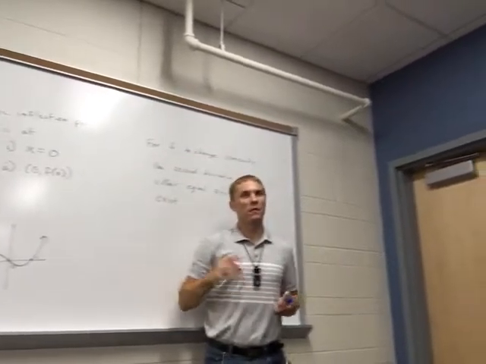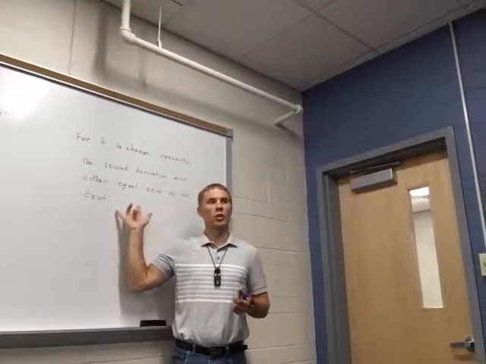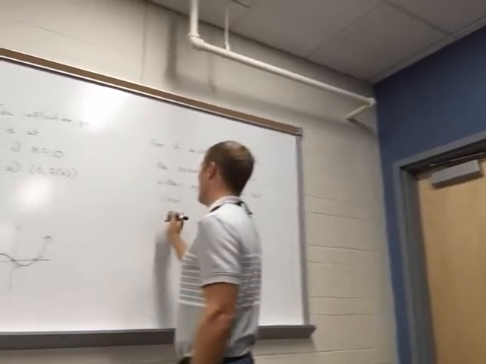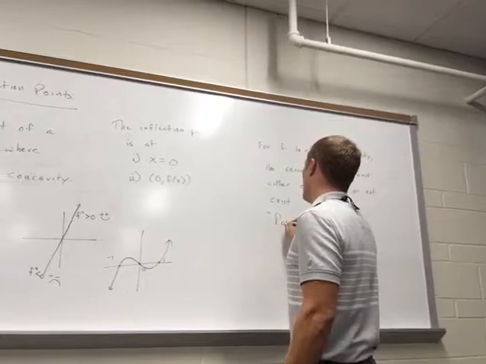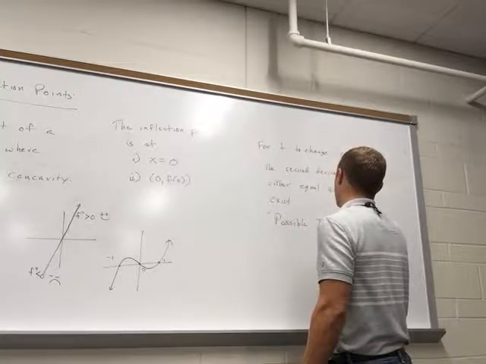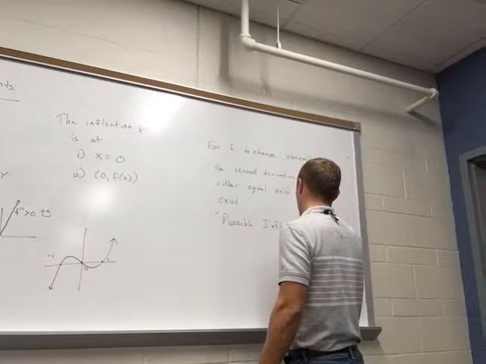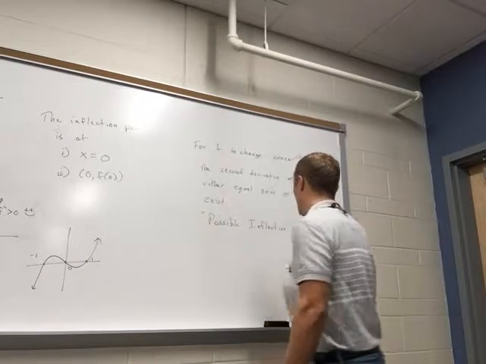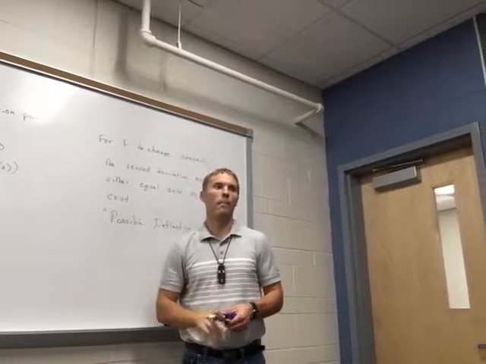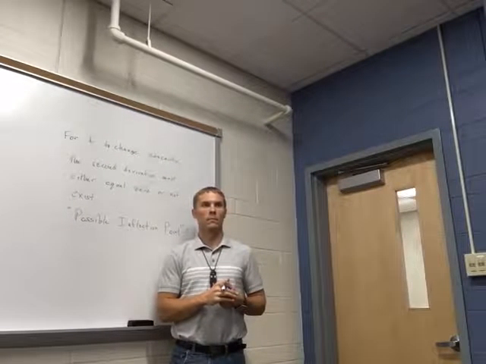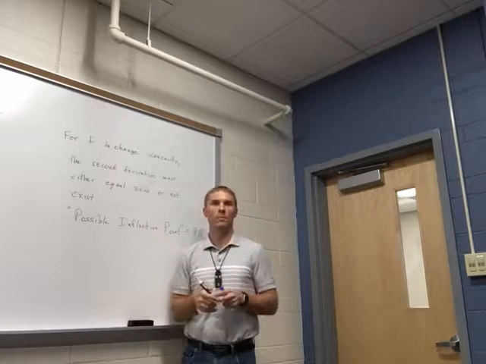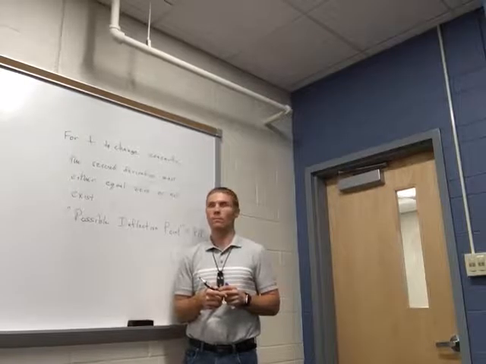If I was talking about the first derivative, this would be the definition of a critical point. The idea here doesn't really have a great name. Simplest one I come up with is possible inflection point, abbreviated PIP. You can call them pips if you want. Okay, there's not a standard notation for these. We'll use pips, possible inflection point.